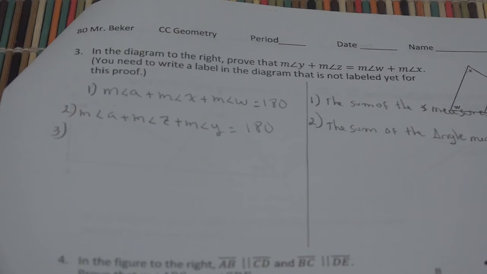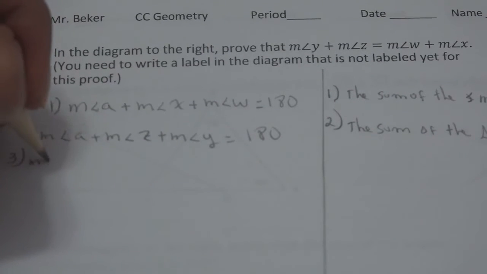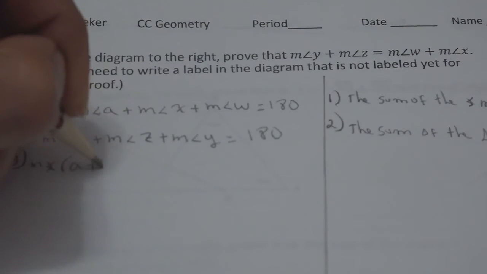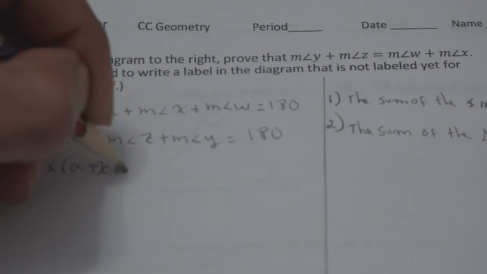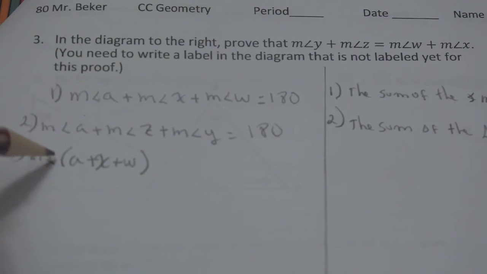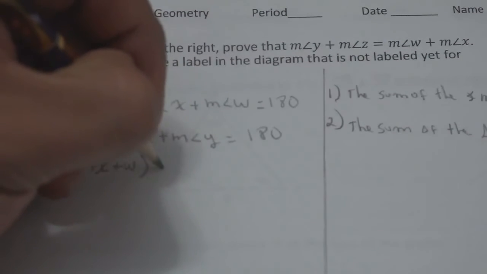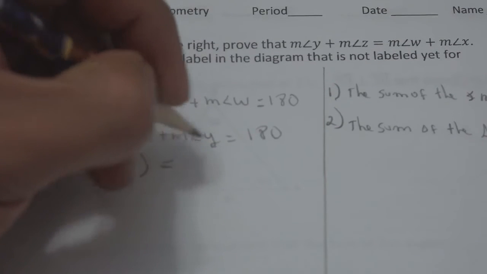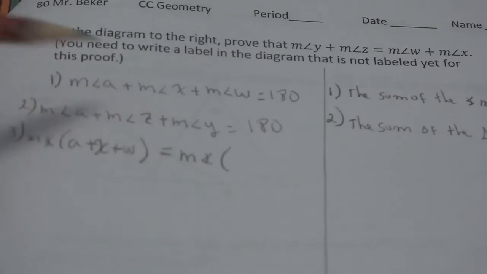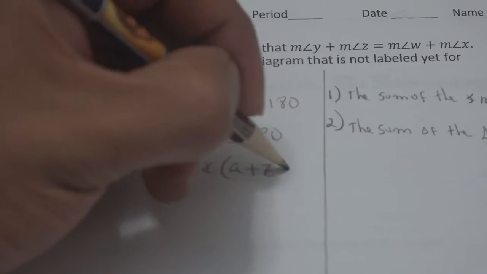So that means that I can say that measure of angles, and I'm going to put it like this: A plus X plus W. Okay, you're not supposed to do this. You're supposed to write measure of angle A plus measure of angle X plus measure of angle W, but I'm going to run out of space. You could use a loose leaf. Equals the measures of angles, what? A, Z, and Y, right? So A plus Z plus Y.